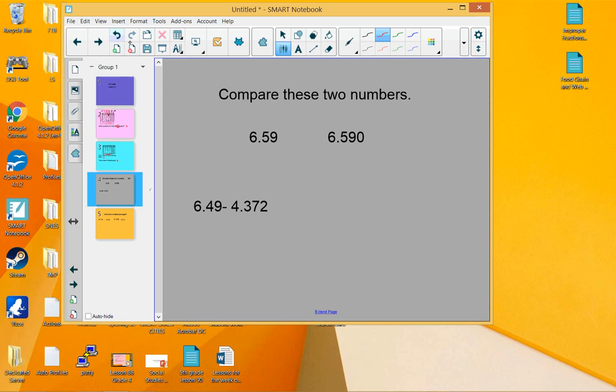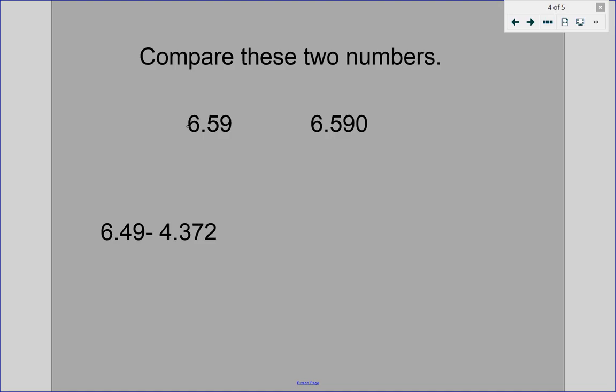Okay, so what's before the decimal point? A 6 and a 6. So that means that we can't tell whether one is larger than the other one yet. So then we go to the first number after the decimal point. I have a 5, and I have a 5. Well, that doesn't change. How about a 9 and a 9?